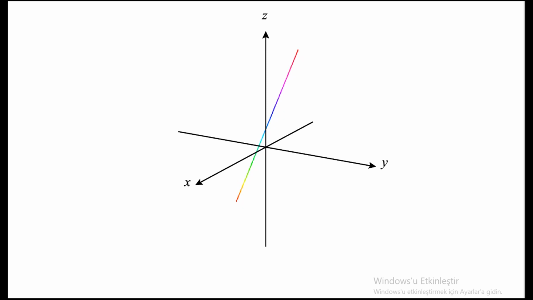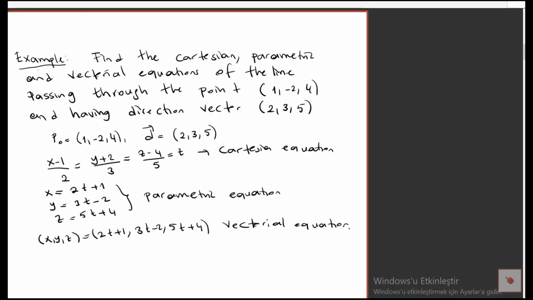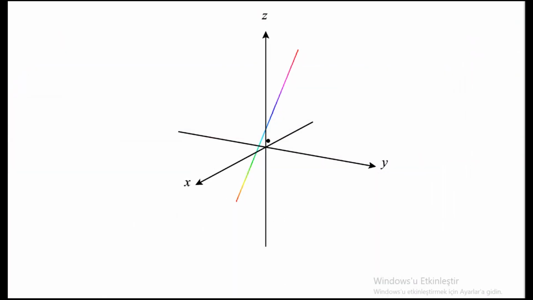So our point is (1, -2, 4), a point on the line. Our direction vector is (2, 3, 5).